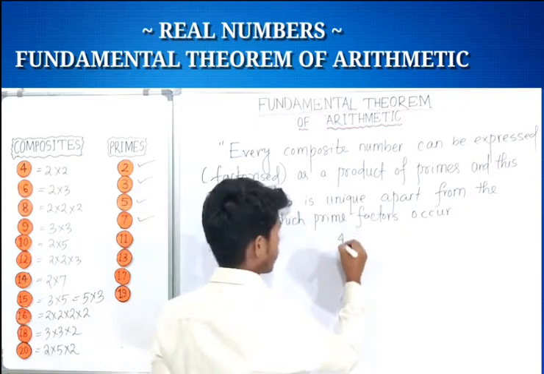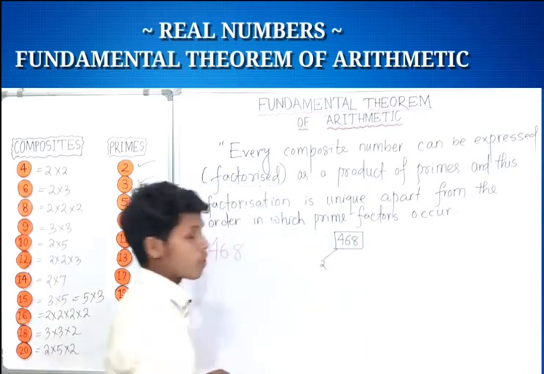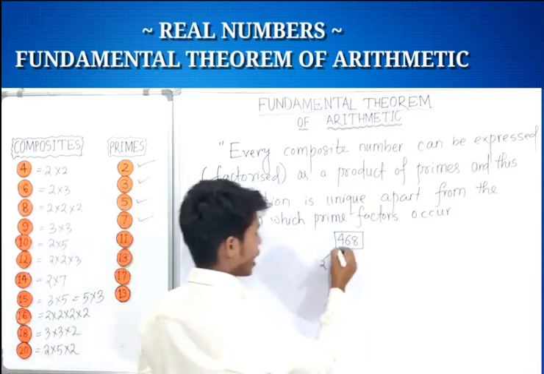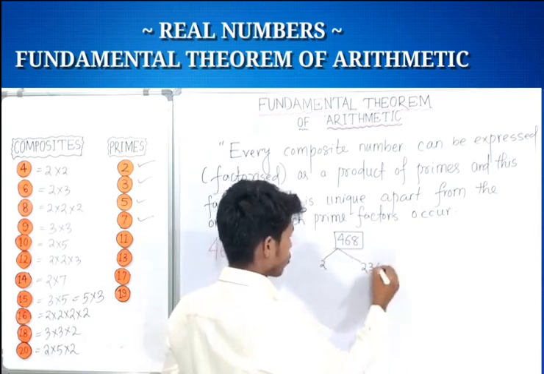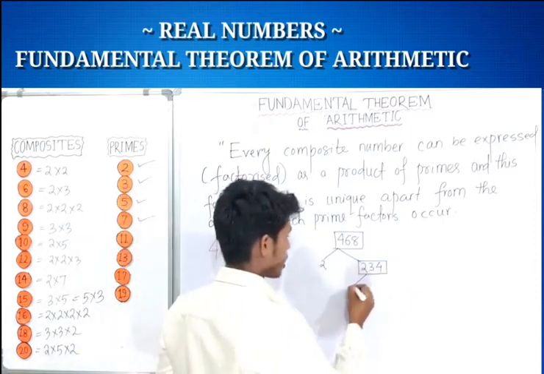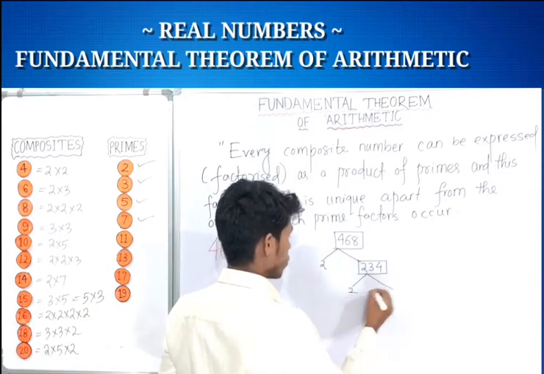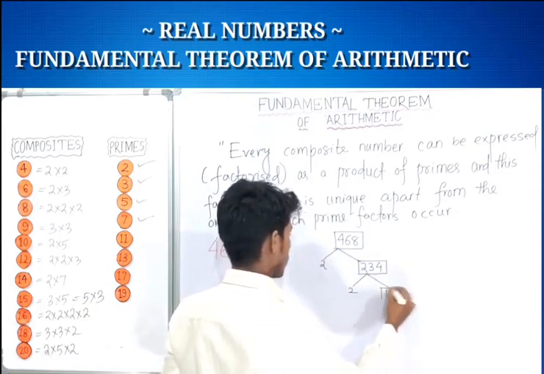If I do the factor tree that we had studied in class 7, I first divide 468 by 2. 2 2s are 4, 2 3s are 6, 2 4s are 8. So we got 2 and 234. Again 234 can be divided exactly by 2, so we get 2 and 117.